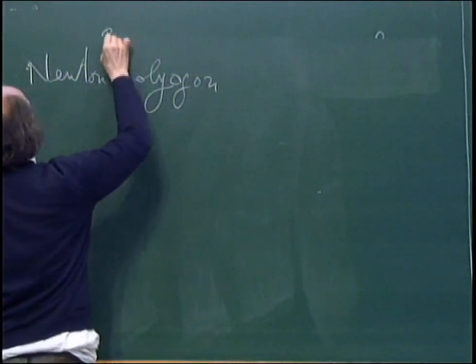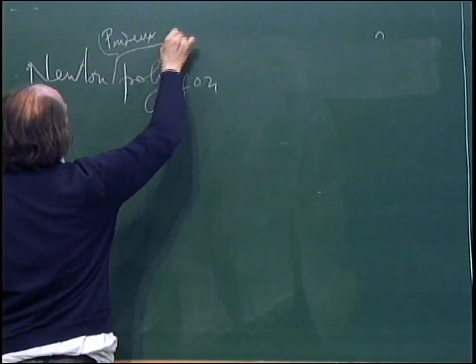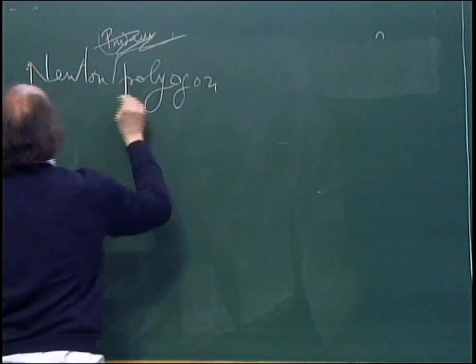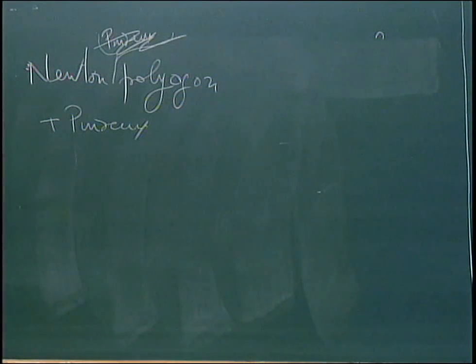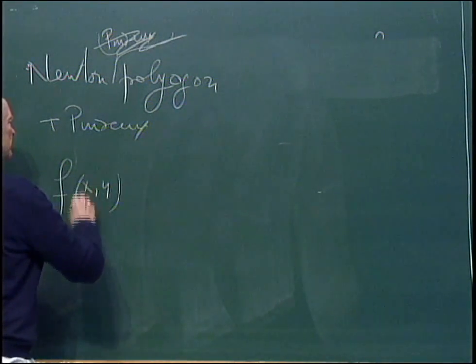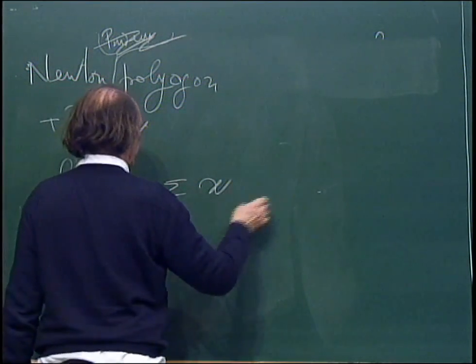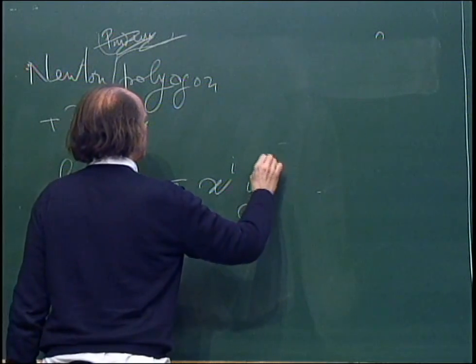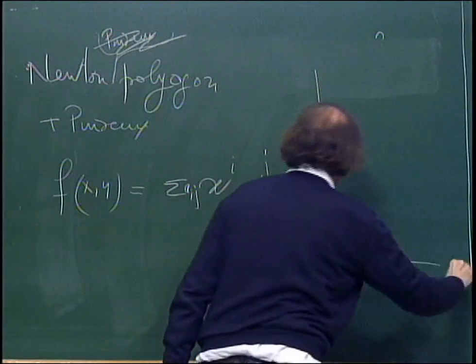Maybe I should say the Newton-Puiseux method. The polygon is Newton's, and then the use of it, the details were filled in by Puiseux. It is the following. Taking a polynomial in two variables, with a coefficient, one can plot all the exponents.